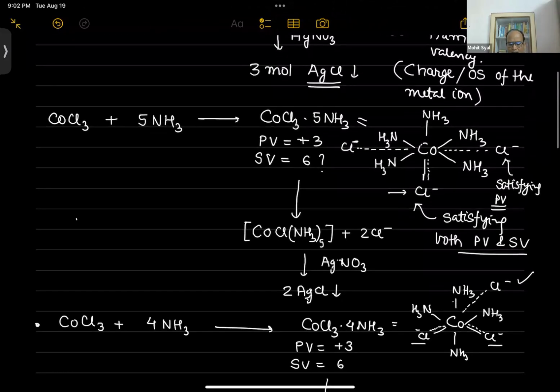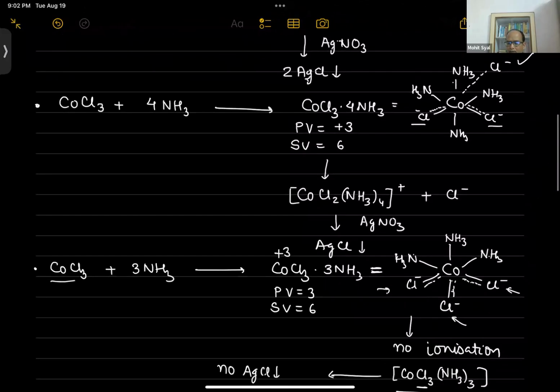This is 1:2 electrolyte. This is 1:1 electrolyte. So you can also be given a hint in the question in this manner.